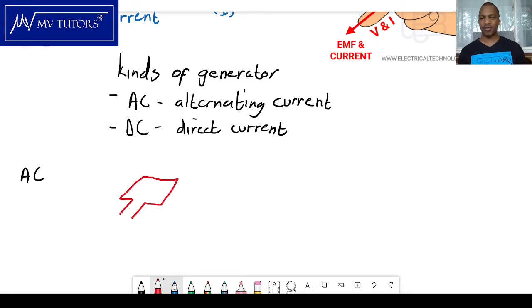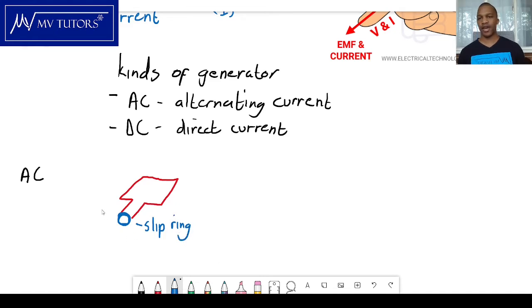The difference with the AC is the connection. Remember, for a motor we had electricity or a battery, but for this we have what we call a slip ring.